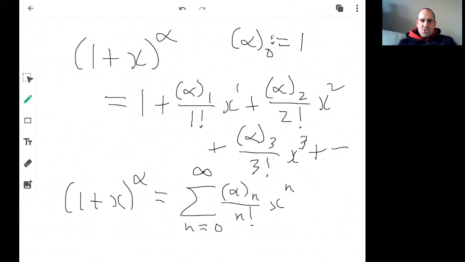We're not going to really concern ourselves with convergence at this point, but that's just the formula that we have. We could figure out the radius of convergence if we wanted to. And by the way, this formula actually works even if alpha is an integer.